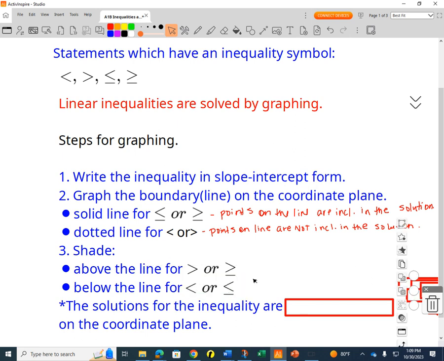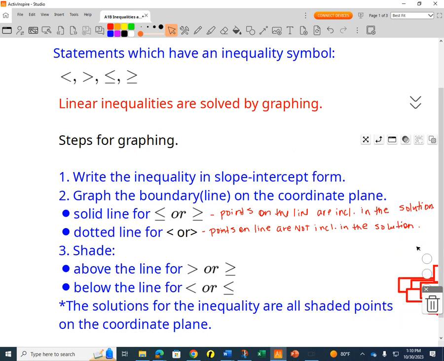Remember when we say shade below, you put your pencil on the line and pull down if you're shading down, and pull up if you're shading up. It can be a little confusing on the coordinate plane since it's an infinite space. And last but not least, the solutions for the inequality are all the shaded points, or all the points in the shaded region of the coordinate plane. So this is all review.